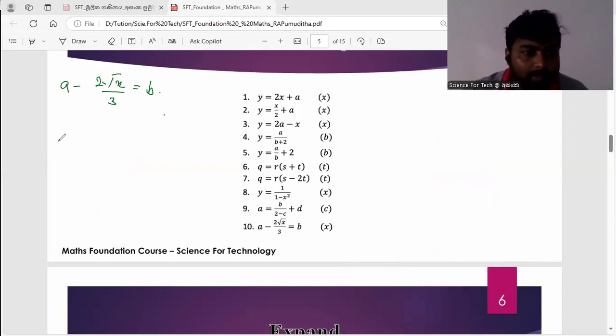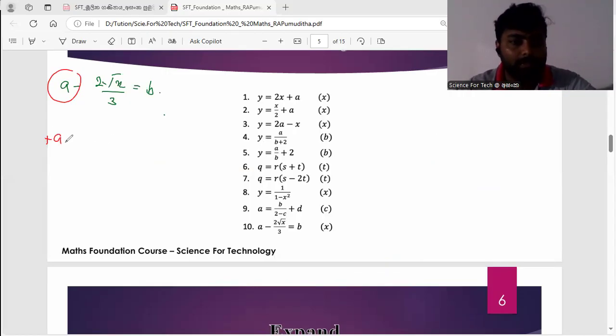Okay, then as the first step, we have to remove this part because there's a subtraction, no? Then I'm going to add plus a to this side. Wait. I'm going to add minus a, okay? This is originally minus, so this is originally plus. So that's why I'm going to add minus a to this side.